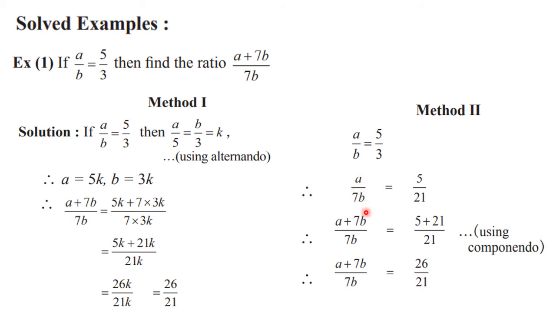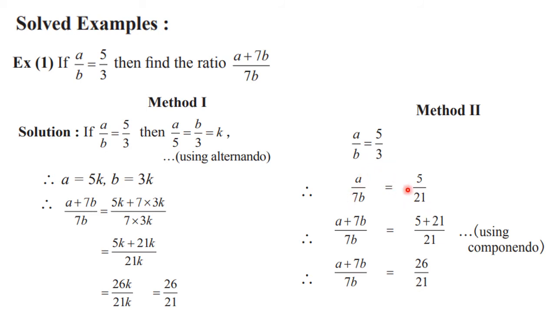So a upon 7b. Now, since there is no change in the numerator, I will copy down the numerator as it is, 5. But here I have multiplied by 7. If I have multiplied on the left hand side, I need to multiply on the right hand side also. So this 3 also should be multiplied by 7. So 3 sevens are 21.